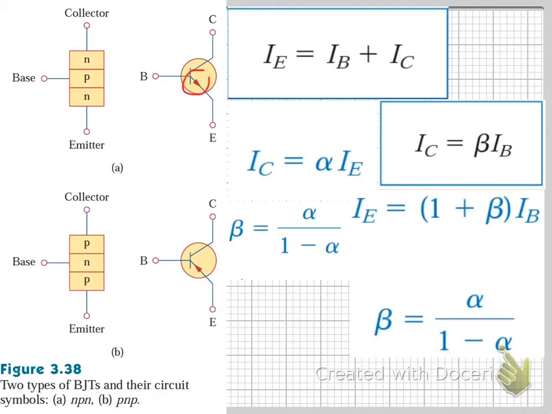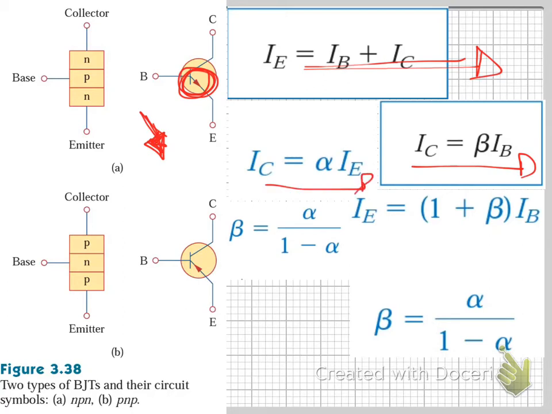You tell them apart by the way the arrow is pointing. NPN is going down, towards the emitter. Your PNP is going into the emitter. Yeah, I really enjoy this chapter. Okay, don't judge me. NPN, PNP, and then these are equations you just have to memorize.